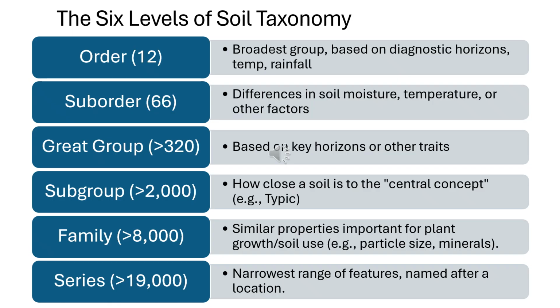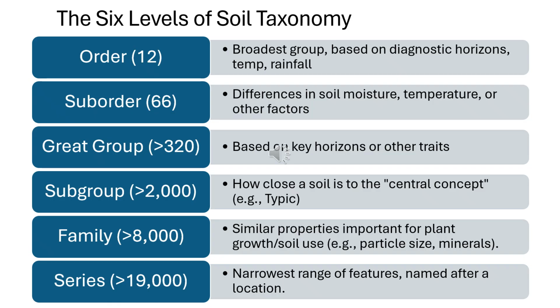So let's break down this structure. The USDA soil taxonomy organizes soils into 6 levels of classification, from the very broad to the extremely specific. At the top, we have soil orders.